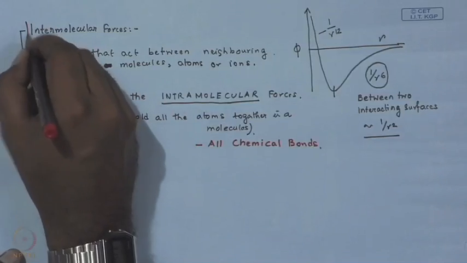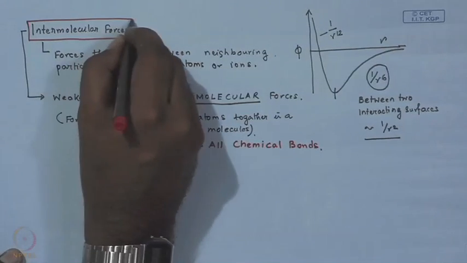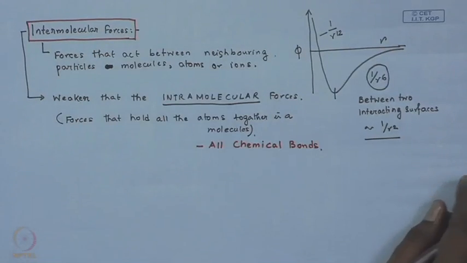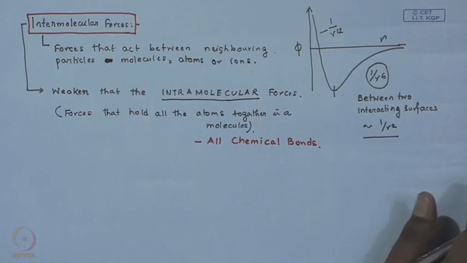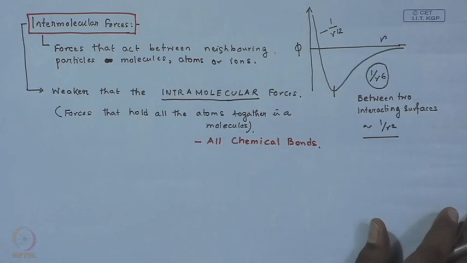So, the first thing to understand is that intermolecular forces are not bonds. They are distinct from the intramolecular forces or the chemical bonds, as well as the nuclear forces which hold an atom together, that is the interaction forces between the nuclear particles.